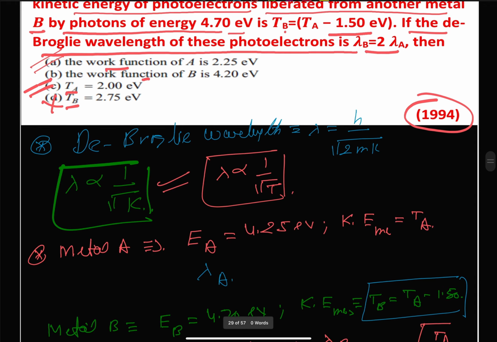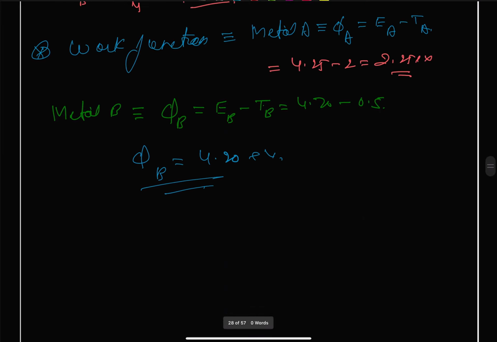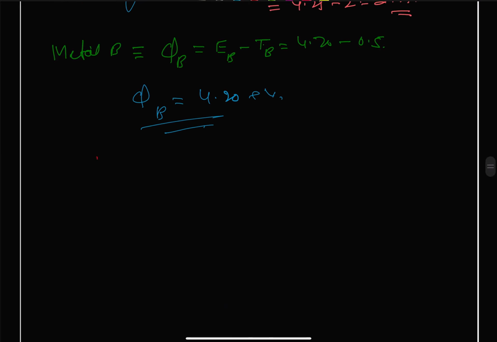So our phi B is also correct. So options A, B and C are correct.